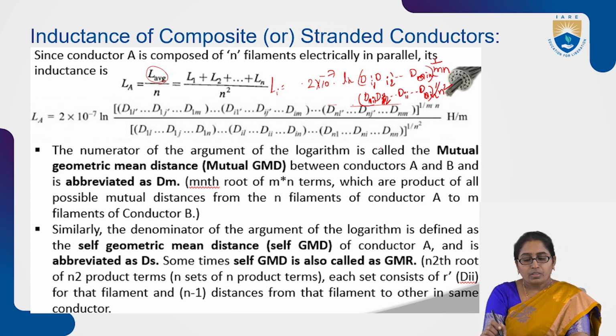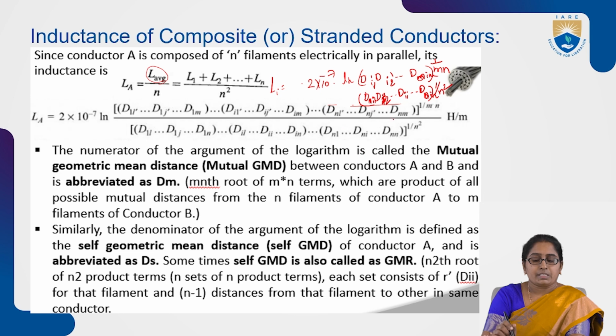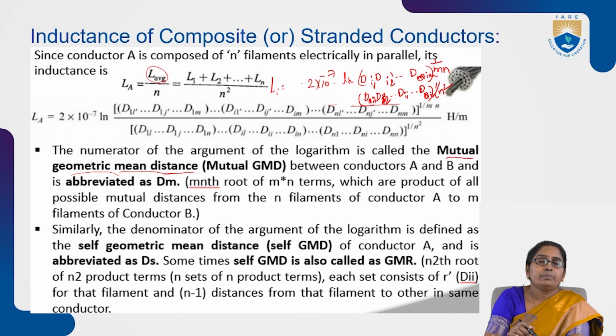Now here finally what they are telling is the numerator of the logarithm in this expression is called mutual geometric mean distance, in shortcut, mutual GMD. The numerator in the above expression is called mutual geometric mean distance.